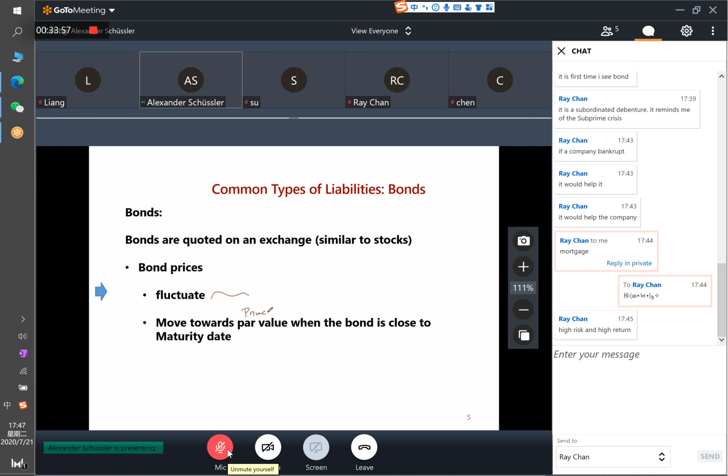Why is that the case? Why does it move towards the par value when the bond is close to the maturity date? Because at the maturity date, you can get the principal. If you hold it till the maturity as an investor, you get the principal.